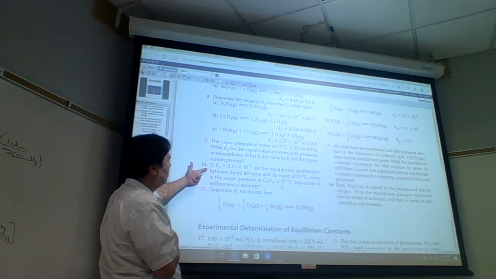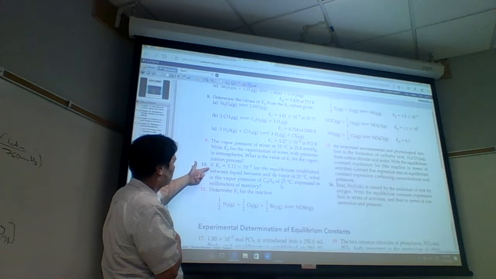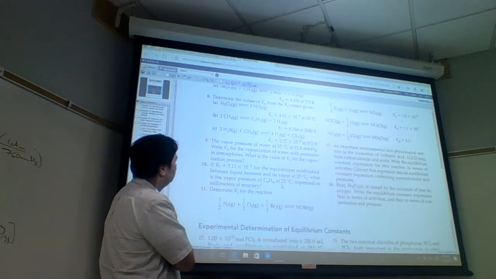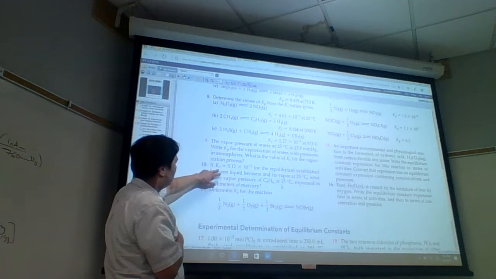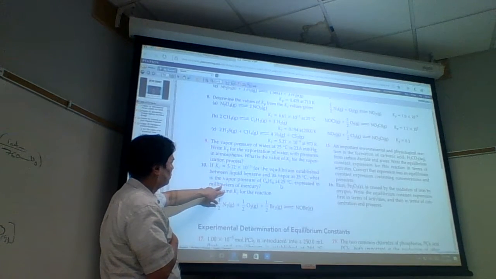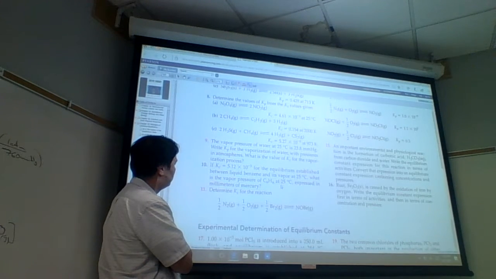We would have to know if the pressure is under bar or under atmospheres, which makes a slight difference. If we do it under bar, then we just figure out what Kp is, and then convert from bar into millimeters of mercury.